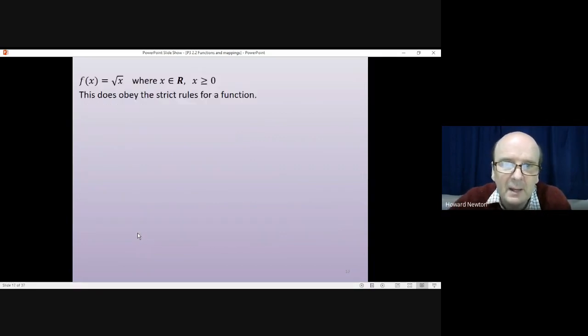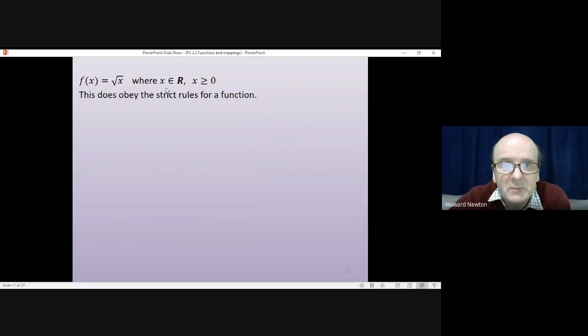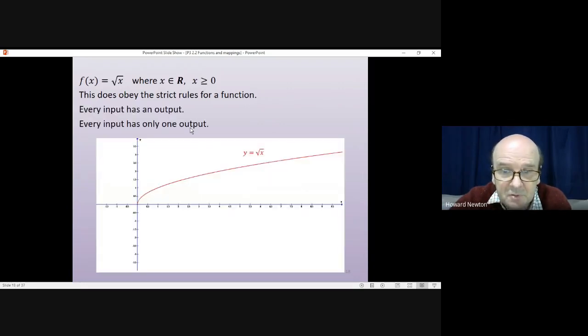Now, if you go back to what we were saying before, the square root of x as a function had two problems. If we say, first of all, only plus the root of x, and secondly, we say x has to be a real number which is positive, greater than or equal to 0, this does obey the strict rules for a function.